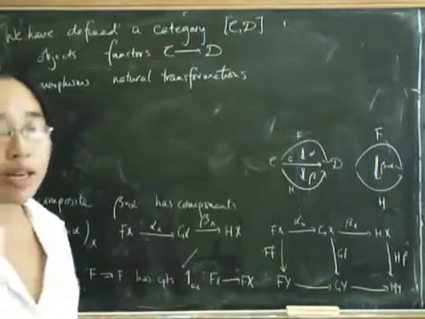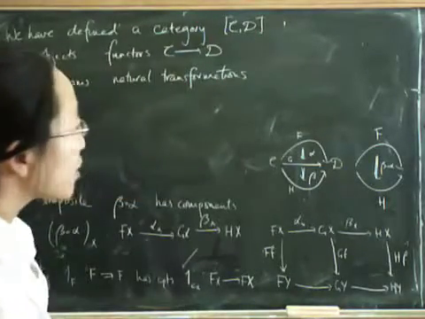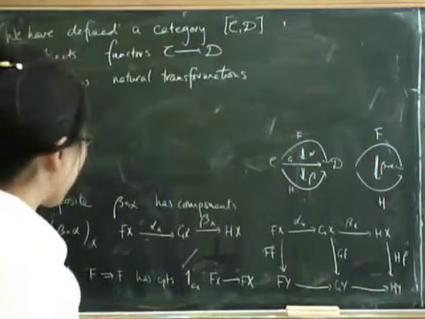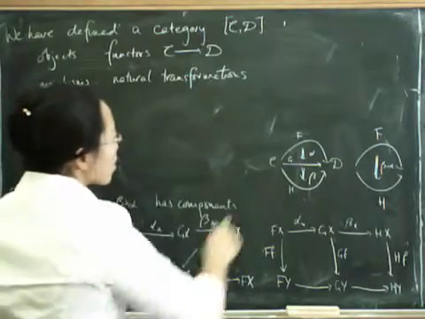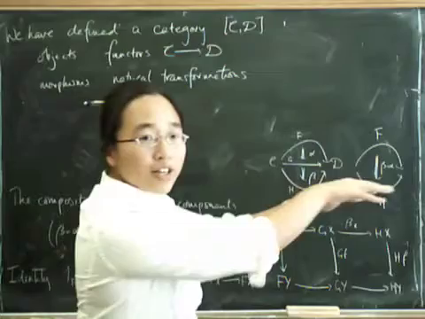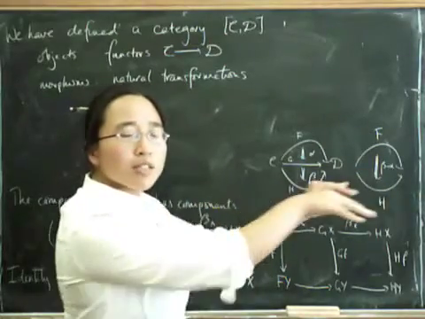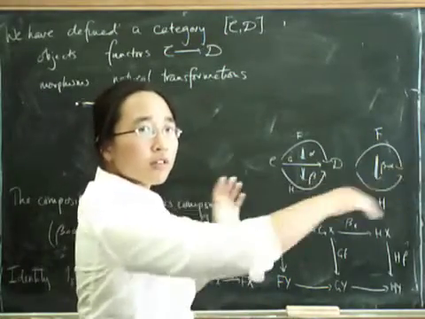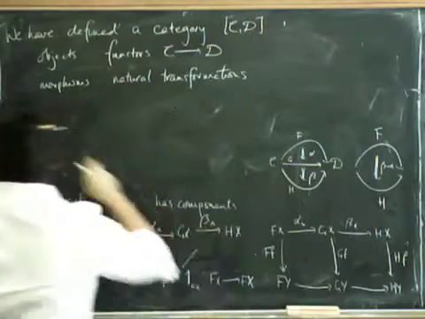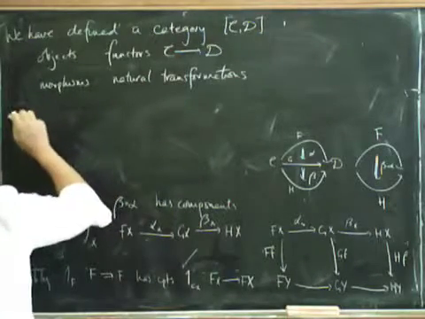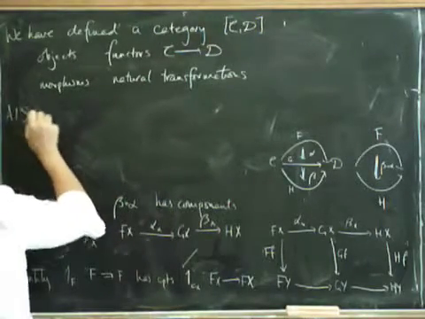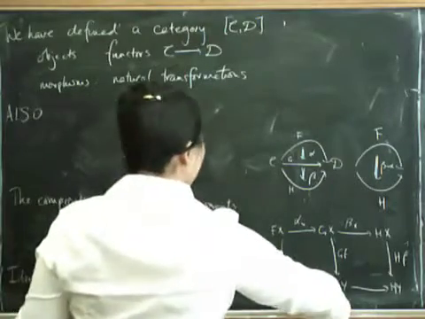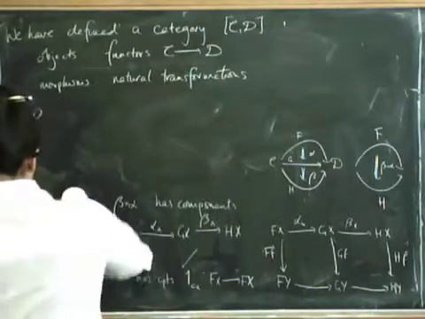Good. Now you might have noticed that there's another possible way of composing natural transformations. Because look, we can compose functors in this direction along the board. So what happens to the natural transformations if we do functors along this direction? So this is a whole new thing.